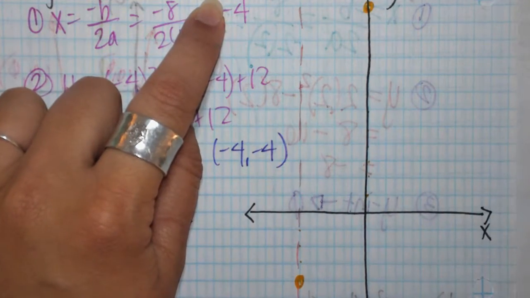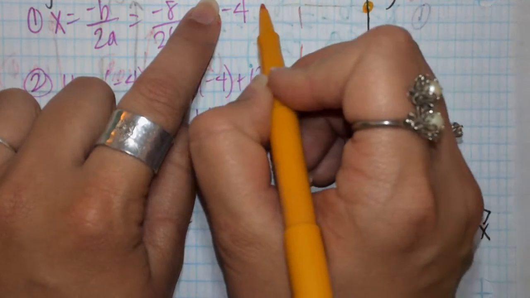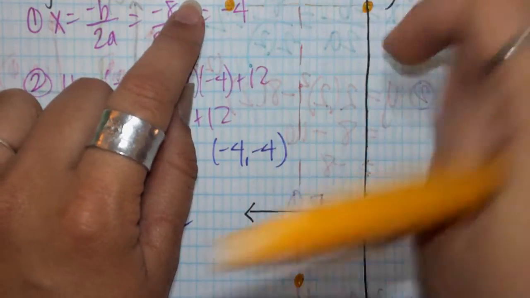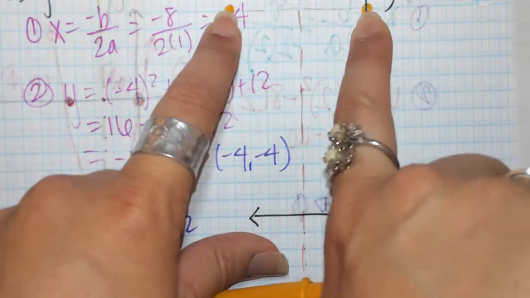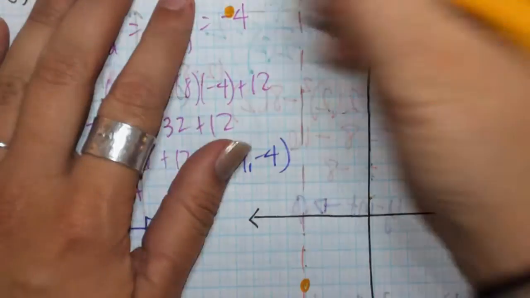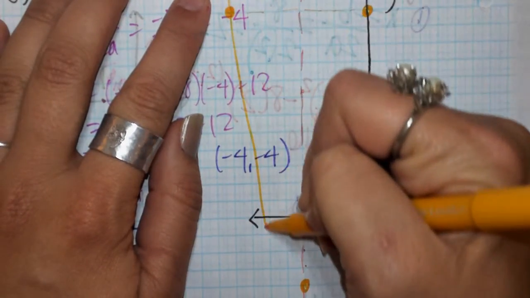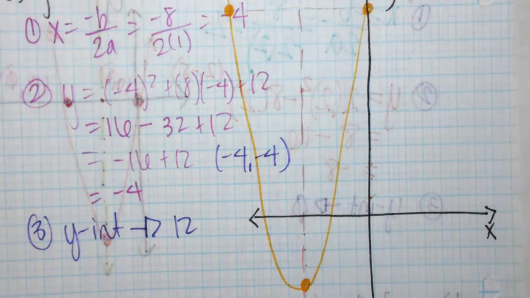How many units away? 1, 2, 3, 4. If this point is 4 units away right here, guys, then this point over here has to also be 4 units away. They have to be the same distance away. And that's what our graph looks like.